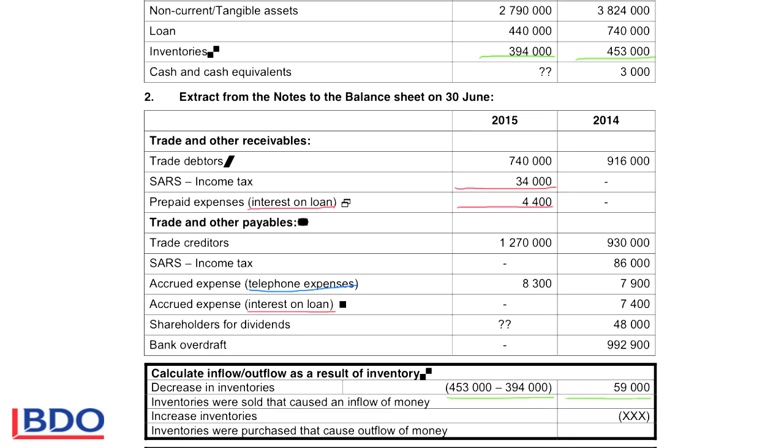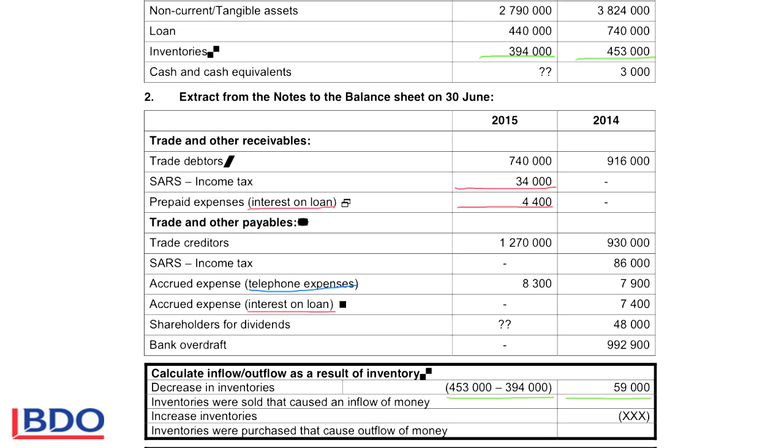Then before I determine whether this is an inflow or outflow, I must think logically. So if the inventories decrease, it means that we sold inventories. And if we sold inventories, it was an inflow of money. That's why this 59,000 is positive.